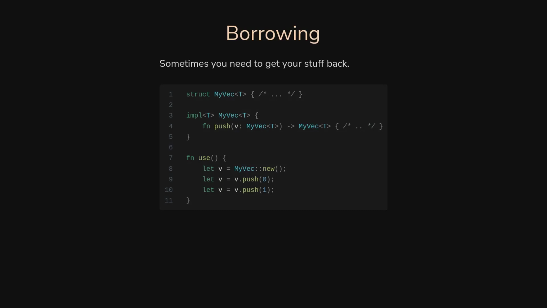So if we didn't have borrowing, we would need to do something like that, where each time you need to return it from the pushing function, get it back, return it, and so on. So for those reasons and others, Rust lets you use borrowing. But first I will make a detour to something called uniqueness.